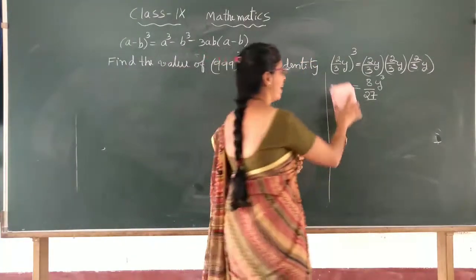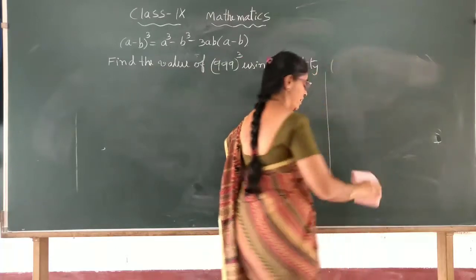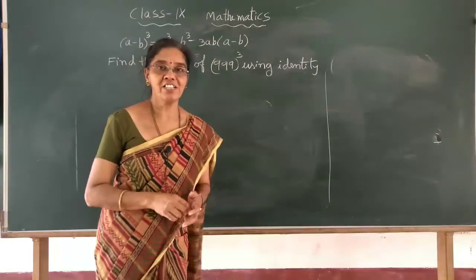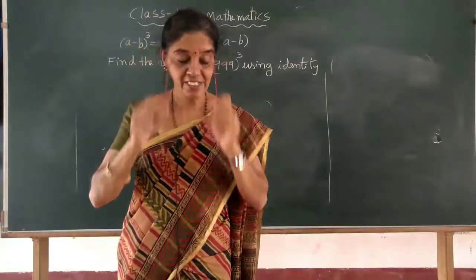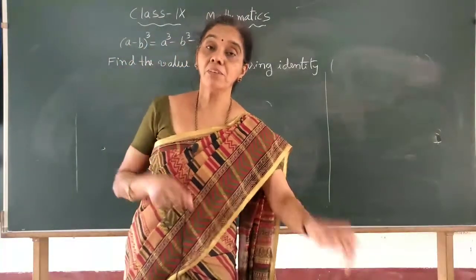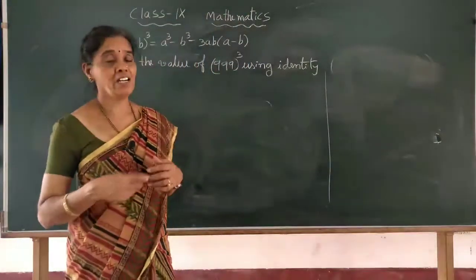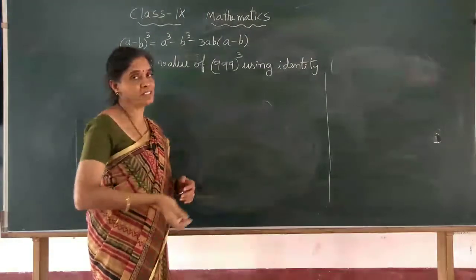You have to use the identity without multiplying 999 into 999 into 999. We have to use identity and we have to get the answer, the product.